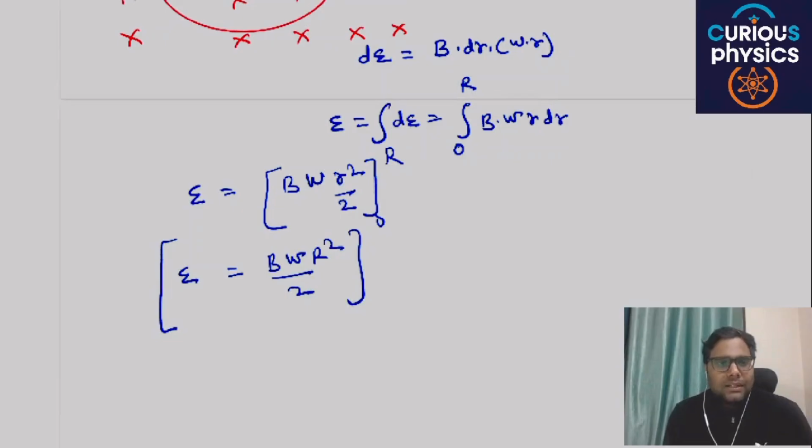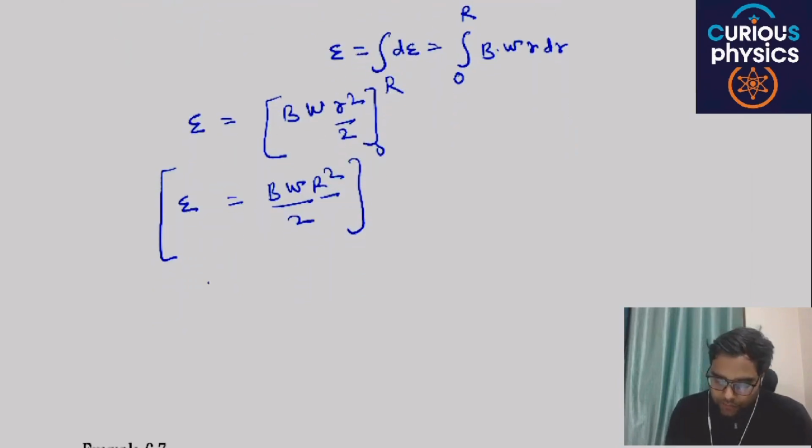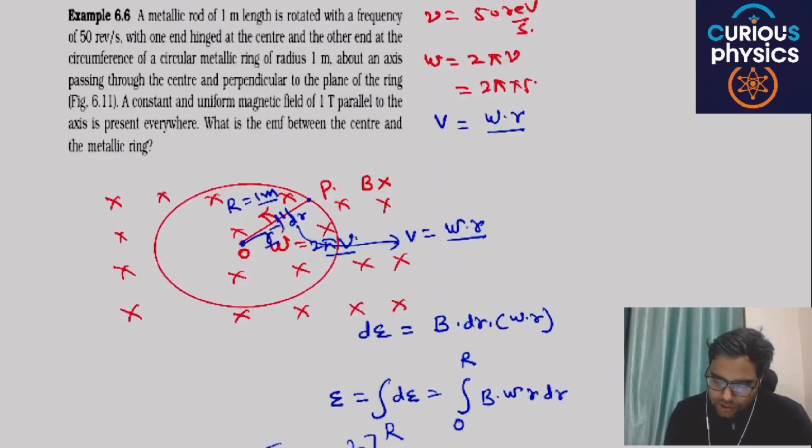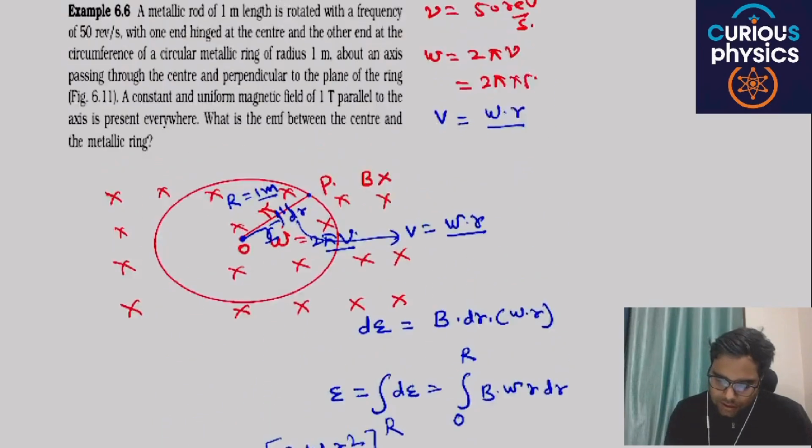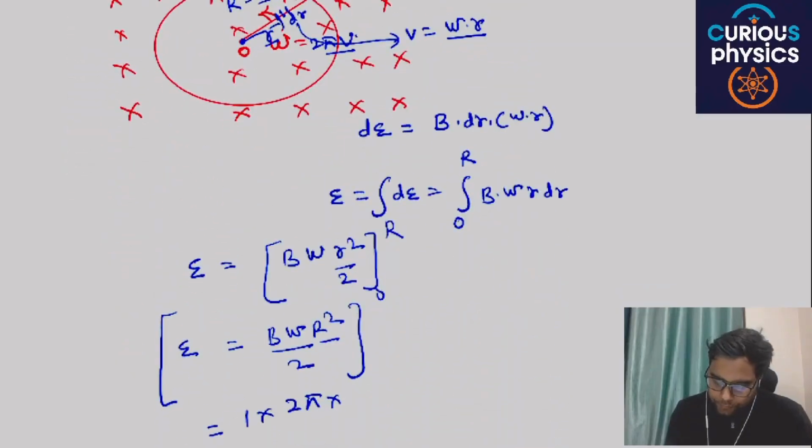It is simple: when a rod is rotating with a particular angular speed or frequency, you have to integrate, or you can directly remember the formula B omega r square by 2. Omega is the angular speed. The magnetic field B is given as 1 Tesla, and omega is 2 pi into frequency, which I think is 50.